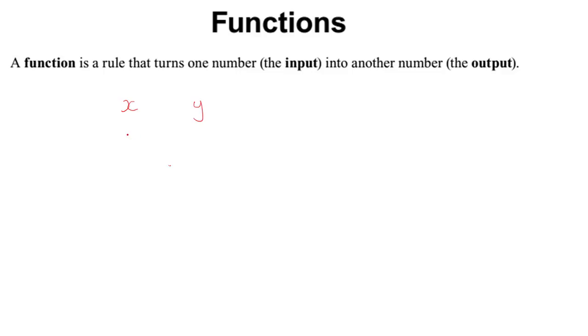I'm going to be thinking about starting with any number, say for example 3, and just doubling it to get 6. Start with 5, doubling it gives me 10. Start with -3, doubling it gives you -6.